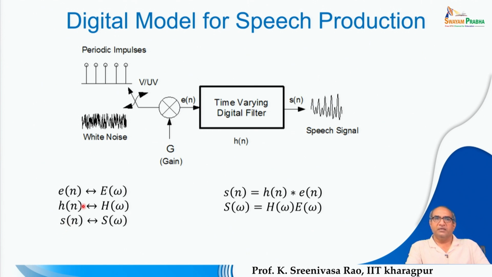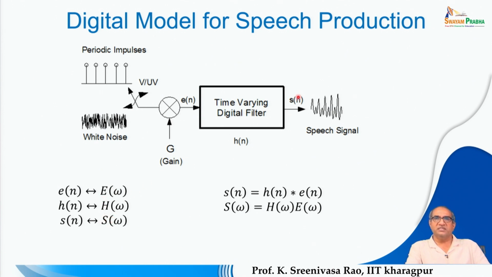These are the discrete time representations, and for these discrete time signals the corresponding frequency domain spectra are represented as E of omega, H of omega and S of omega.